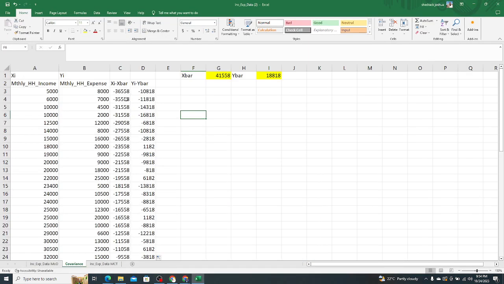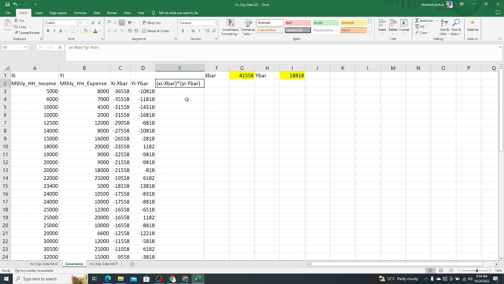The next value we need is now xi's minus x bar, this is the mathematical computation, multiplied by yi's minus y bar. That will be the other calculation we'll do.